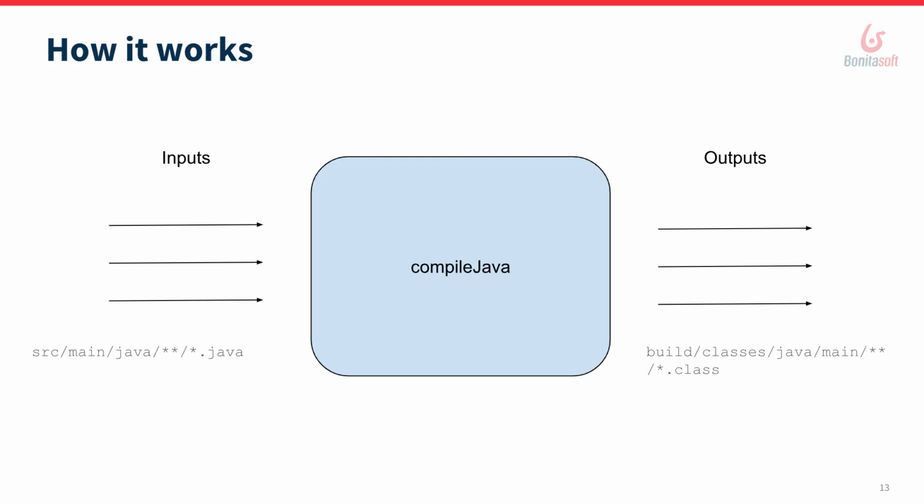As you can see, there's an important concept in Gradle that is called inputs and outputs of tasks. These inputs and outputs are simply described inside a task, and in this case, you see that the inputs of the compile Java task are the Java files, and in outputs, you will have your classes.